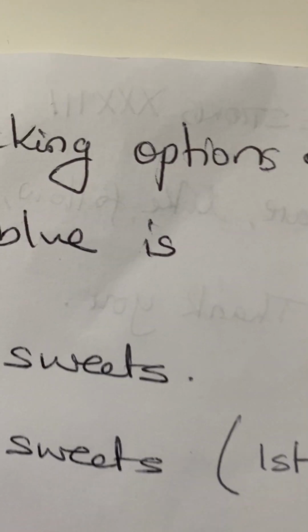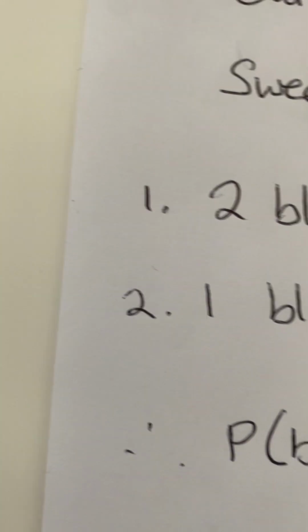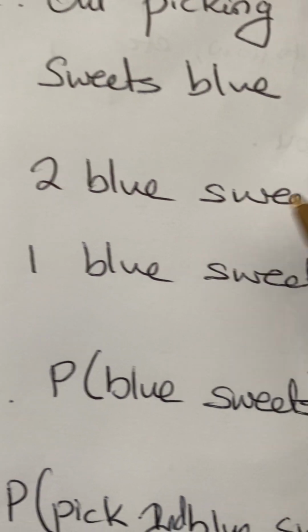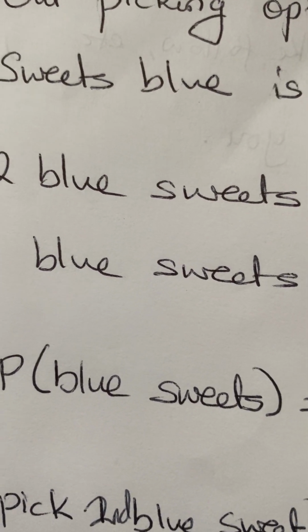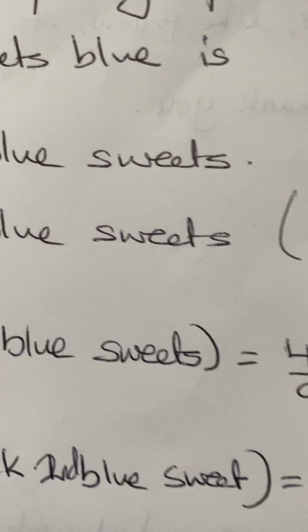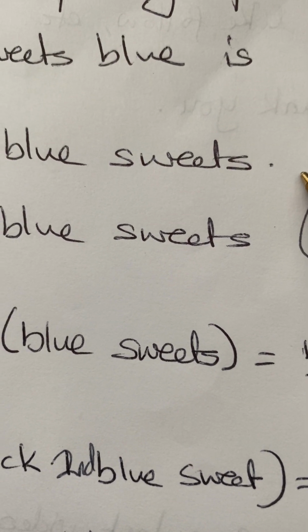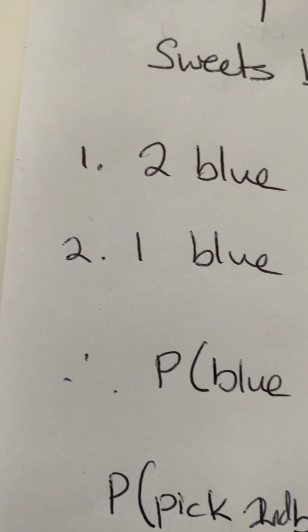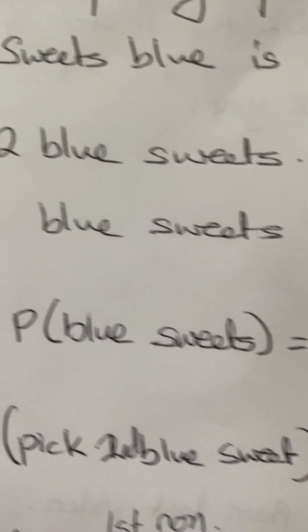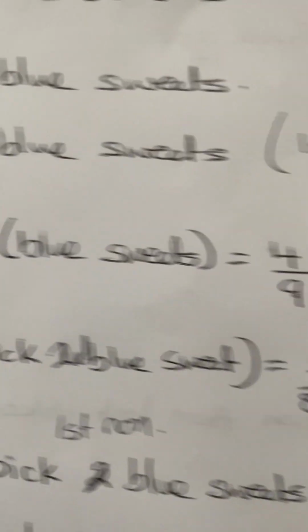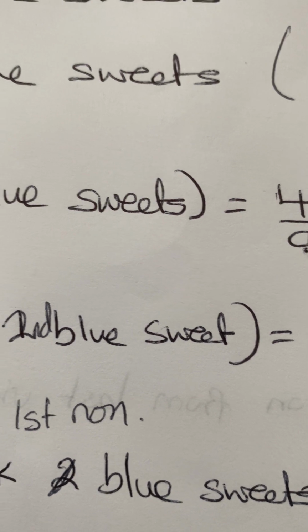Now, our picking options for at least 1 blue sweet are: 2 blue sweets, or 1 blue and 1 non-blue, or 1 non-blue and 1 blue.